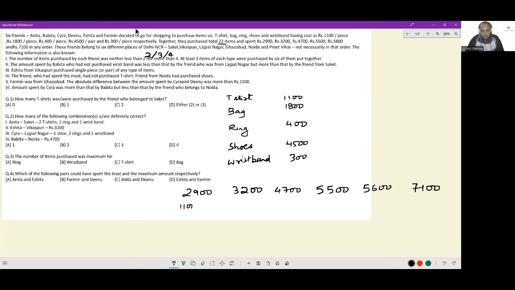It can be made with either 1100 plus 1800, or it can be made with 300 plus 400 plus 400 plus 1800, or 2900 can be made using 300 plus 400, 300 plus 400 plus how much? 1100 and 1100.